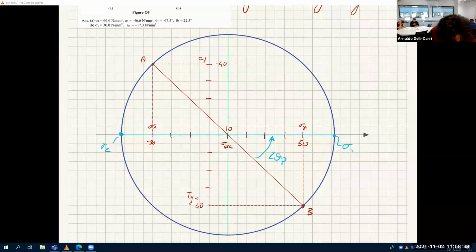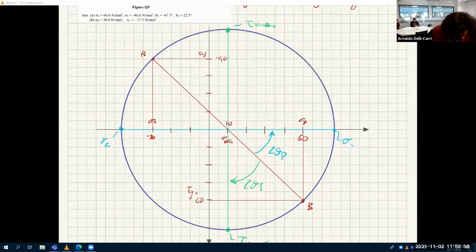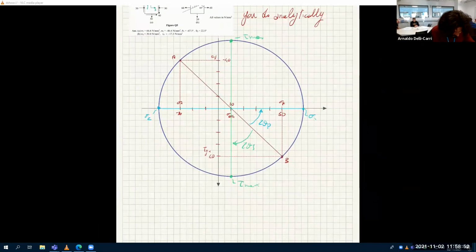That indicates 2 theta s and tau max and tau min. So the other tau max, sorry. Okay, very fun. I love it.